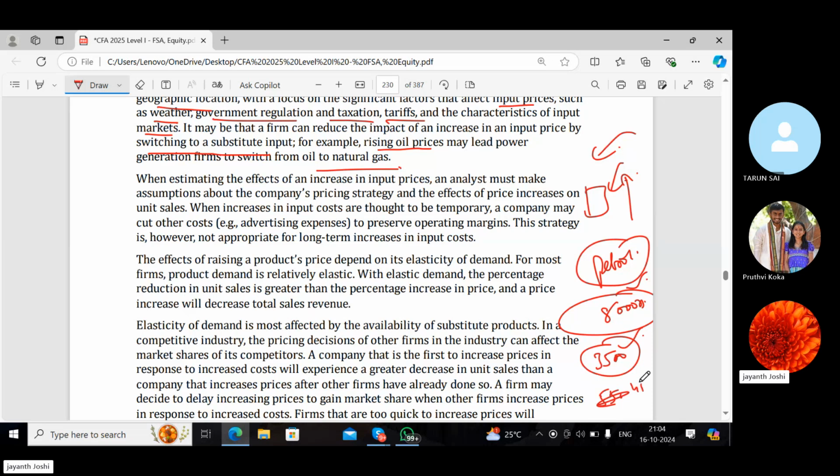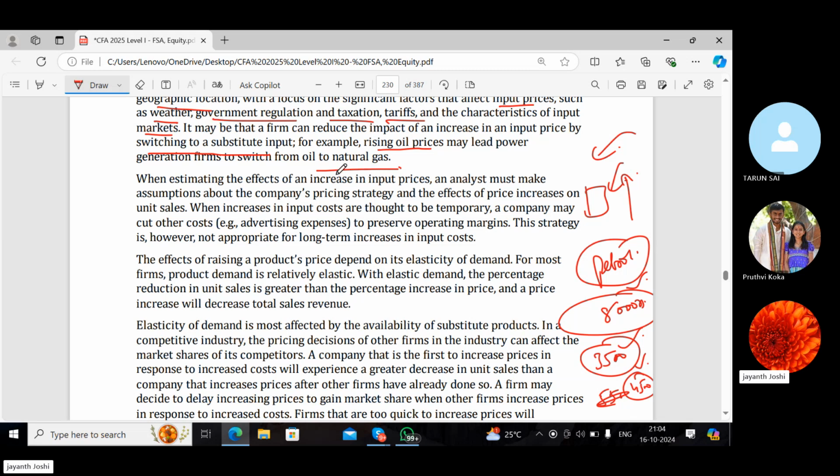Sorry, 4,500. This is something to which I switched. For me, the switching cost should also be less. CNG vehicles are not cheaper than petrol, but I considered a lot of things and I took this.